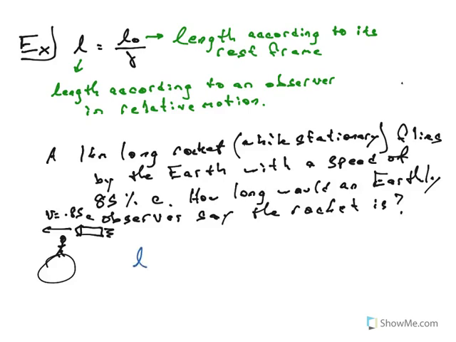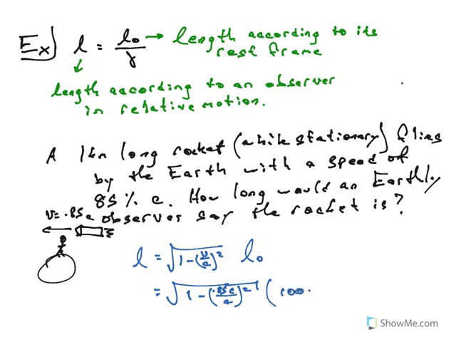We would say, well, the length you measure is 1 over gamma, and remember, 1 over gamma is the same as the square root of 1 minus u over c squared, times the actual length, or the proper length of this rocket ship. So the square root of 1 minus (0.85 c over c) squared, times 1,000 meters.